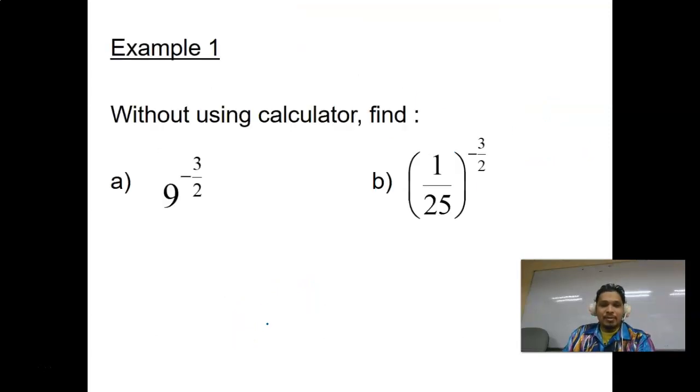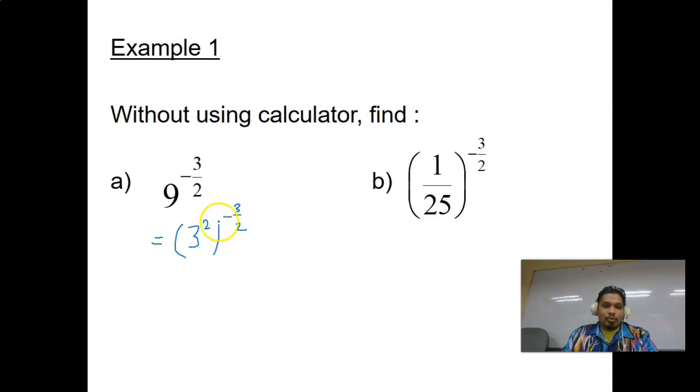Using your calculator, let's find out this one. It's 9 to the power of negative 3 over 2. 9 itself is 3 squared, then to the power of negative 3 over 2.